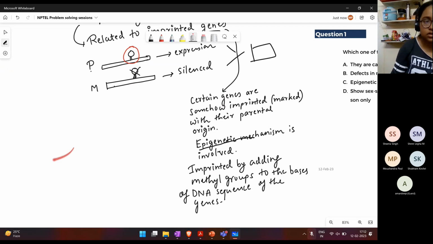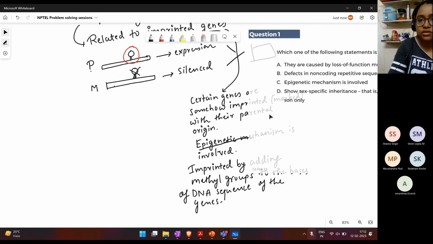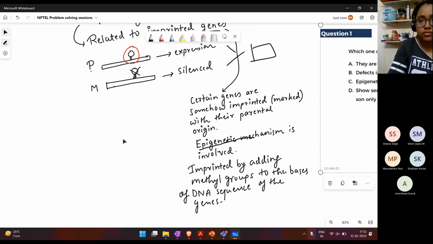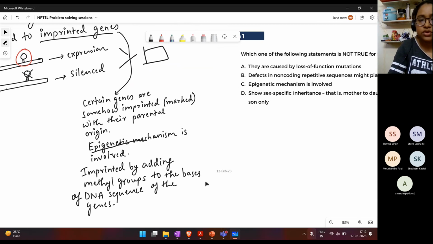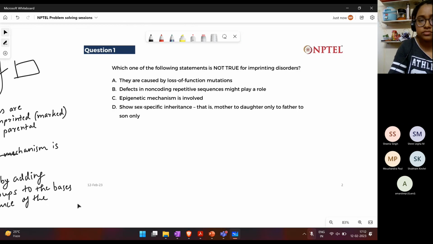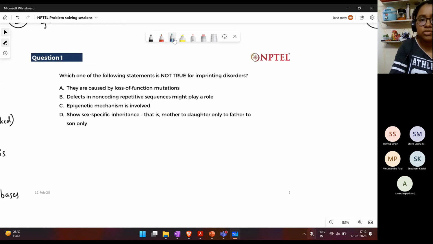So this was based on one of the assignment problems of week 1. This was the assignment problem which was given to you in week 1: which of the following statements is not true for imprinting disorders?